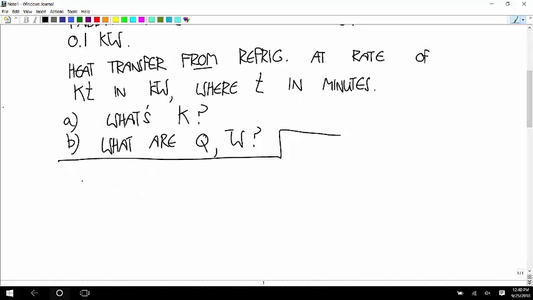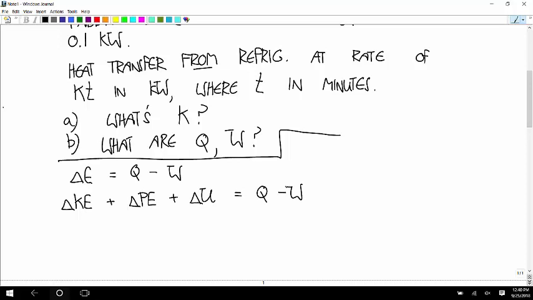So we're heading towards this. The change in energy is equal to Q minus W. The change in energy is equal to the change in kinetic energy plus the change in potential energy plus the change in U. And that's equal to Q minus W. Since it's a rigid tank, and it actually says this in the problem, we're not talking about this thing flying through the air or being raised.